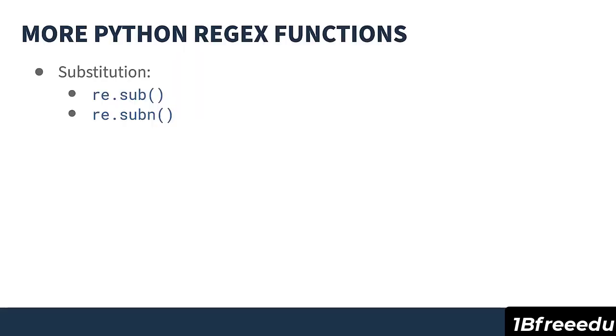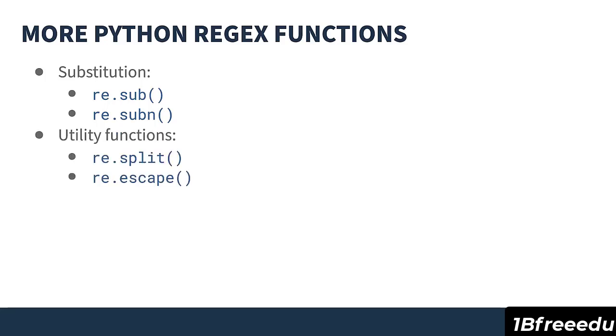The re module provides functions for doing substitution. Sub and subn substitute based on regular expressions and values or on a function that you can pass in. Subn does exactly what sub does, but instead of returning the substituted string, it returns a tuple containing the substituted string and the number of substitutions that were made.